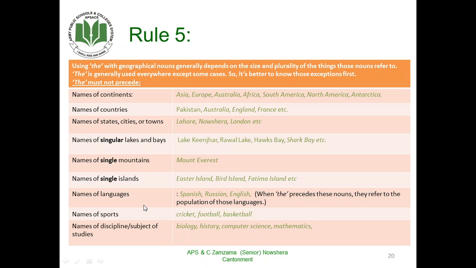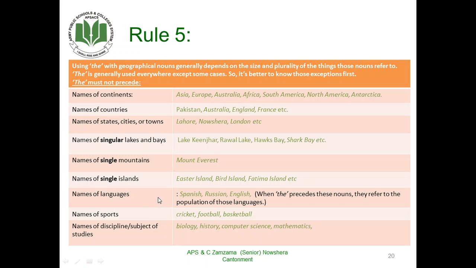Names of languages: Spanish, Russian, English, etc. If we precede "the" before these nouns, what will happen? They will actually refer to the population, to the people of that language. For example, if we say "the English," we are referring to the people, we are not referring to the language there.